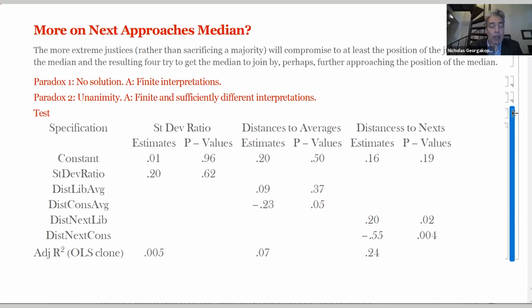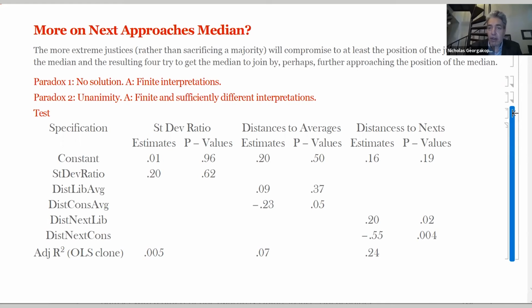And what we see is that the first test of comparing the standard deviations on each side explains less than 1% of the variation. The second hypothesis, comparing the distance to the averages of the 4 on each side, explains about 7% of the variation, and the distance to the next justice explains 24% of the variation.